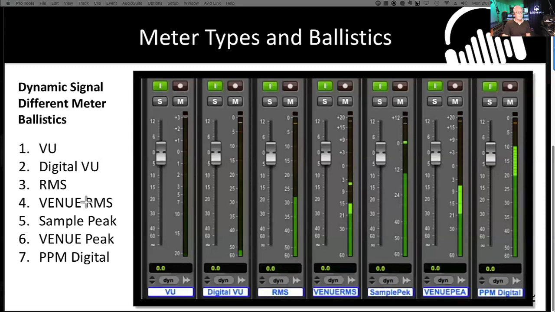So it begs the discussion: if you're going to talk about gain structure and take it seriously in your console setup, the first thing you've got to know is what kind of meter am I looking at? Because all meters are not created equal, as you see here, and then make the right adjustment from there.